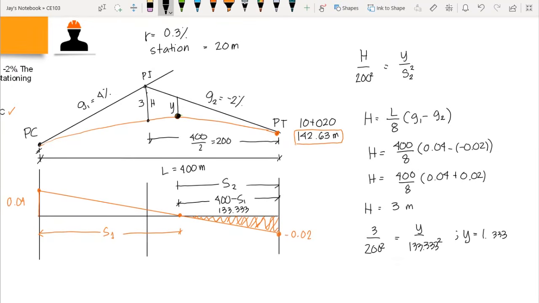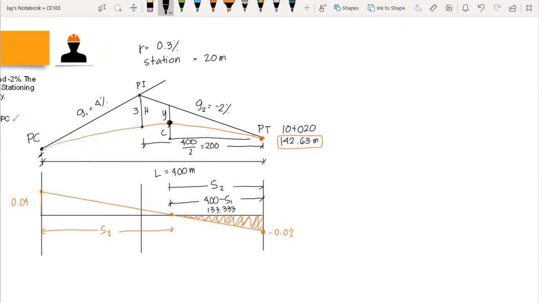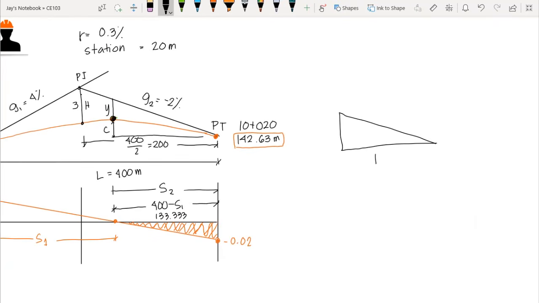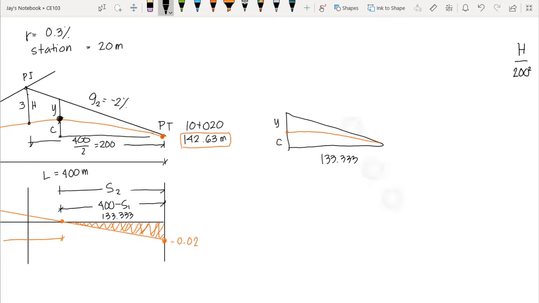Okay, so we know that C is from PT to the highest point. Let's say that's our C. So we can isolate this triangle. Okay, so we have this triangle. We have this length which is 133.333. We have y and c if this is our curve. Now we just need to compute this total vertical height by using ratio and proportion.